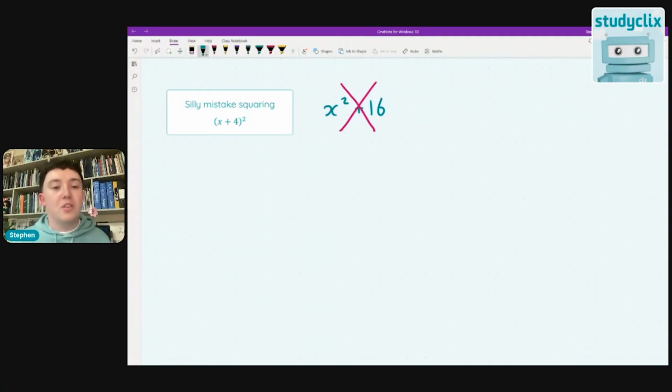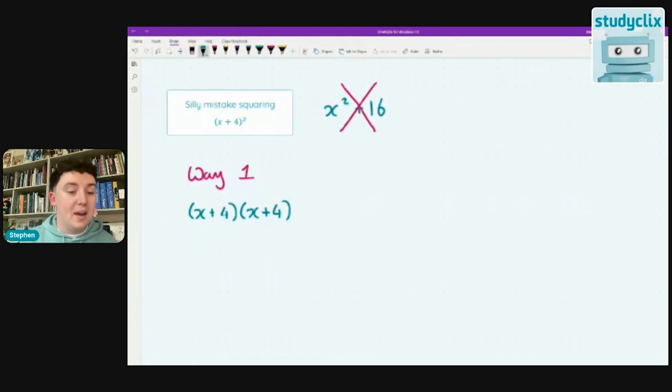So let me show you the 2 common ways I see students do this. And I want to show you a bit of a shortcut or a trick that I often use to deal with our squaring. So in terms of the first way, squaring means to multiply something by itself. So x plus 4 squared would mean take x plus 4 and multiply it by itself.